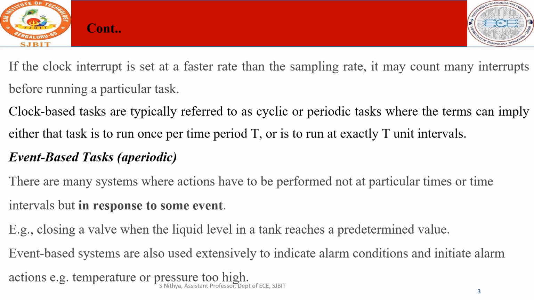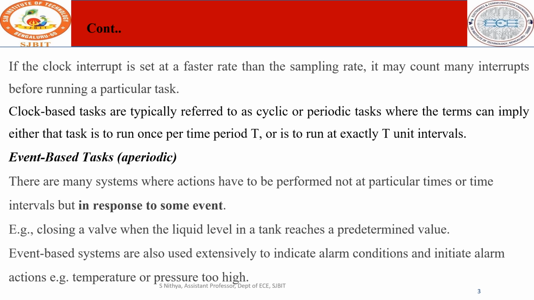For example, in a plant operation, the computer may carry out plant input, plant output and control tasks in response to the clock interrupt, or if the clock interrupt is set at a faster rate than the sampling rate, it may count each interrupt until it is time to run the task.